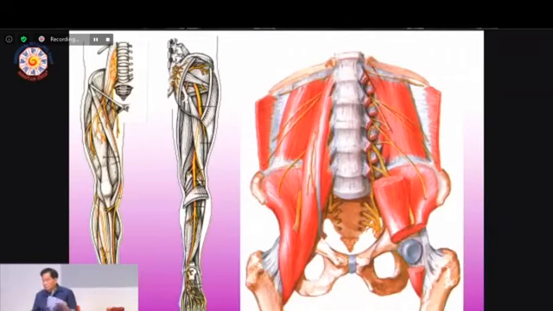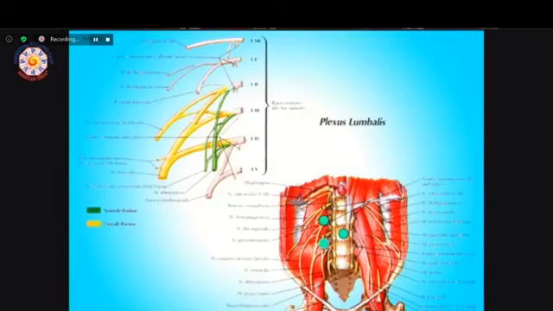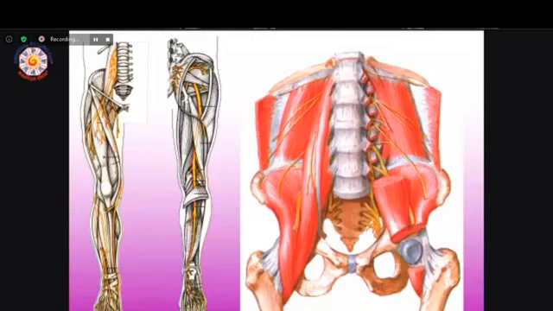Then it can also be affecting the lumbar plexus, and affecting the sciatic nerve.